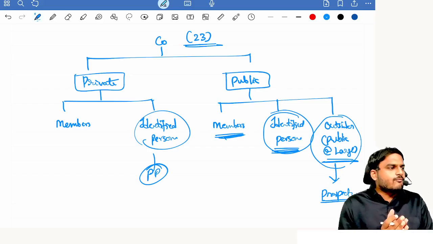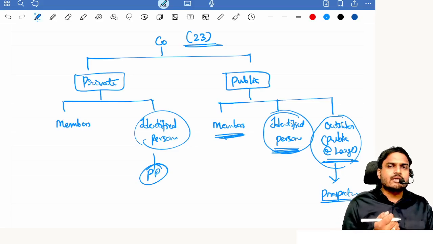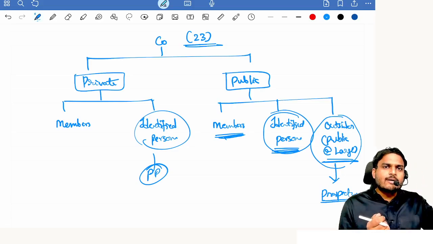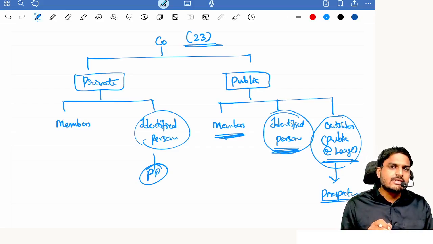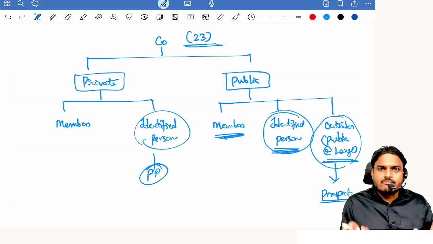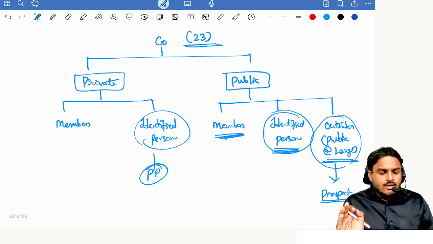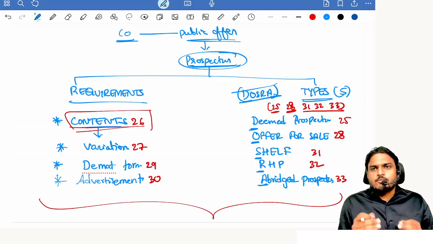In one part you will find issue of securities, transfer of securities, non-payment of declared dividend. Now these 2 companies and 3 matters are regulated by SEBI. Whereas all remaining matters of these 2 companies and all matters of remaining companies are regulated by central government, that is 24.